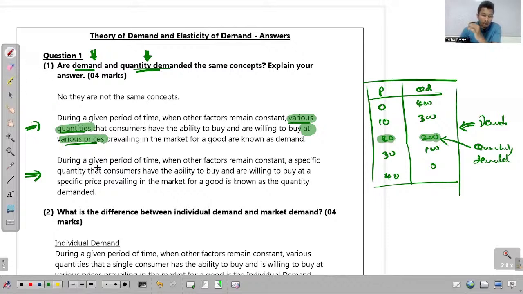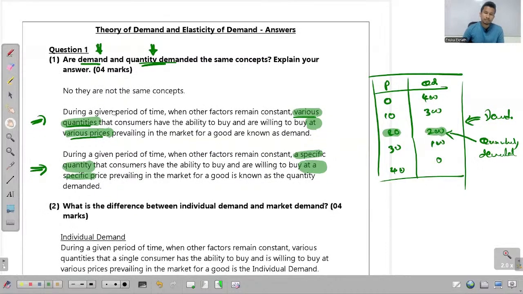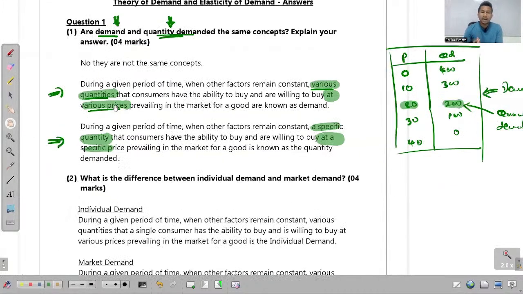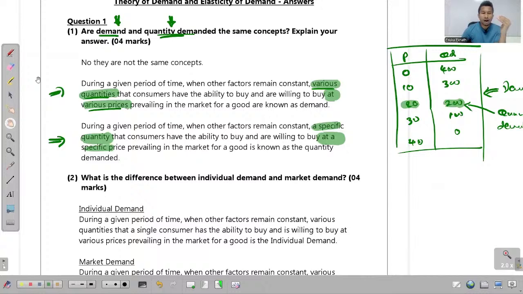Look at this answer. It says, during a given period of time, when other factors remain constant, a specific quantity at a specific price prevailing in the market for a good is known as quantity demanded. So that is the main difference between demand and quantity demanded.